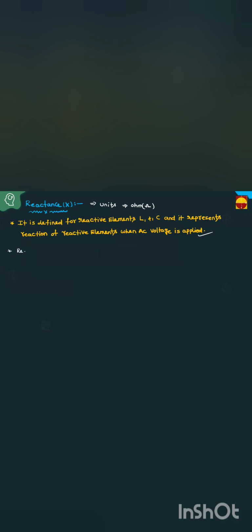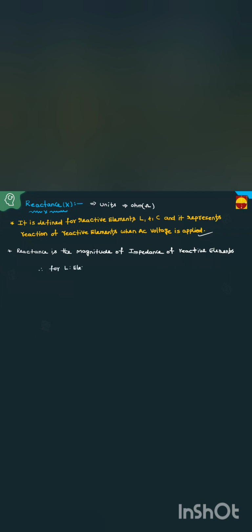That is, reactance is the magnitude of impedance of reactive elements. Reactance is defined only for inductor and capacitor, not for resistor. For the L element, how to define reactance?